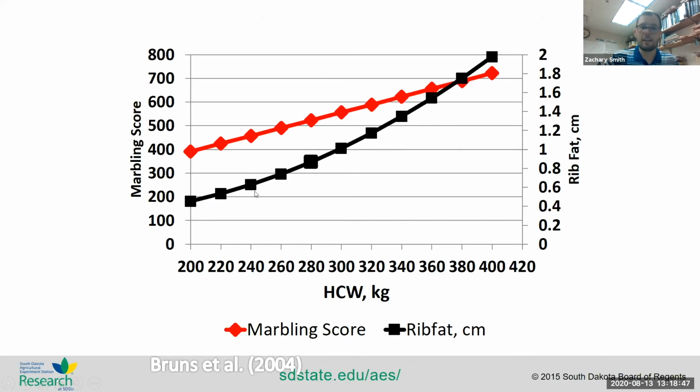So this is a line here of some serial slaughtered calves from about 400 pounds carcass weight up to about 1,000-pound carcass weight approximately. Marbling here grew at a linear rate the entire time. And then this was rib fat accumulation. Rib fat and marbling do not grow at the same rate as animals progress in the feeding curve.